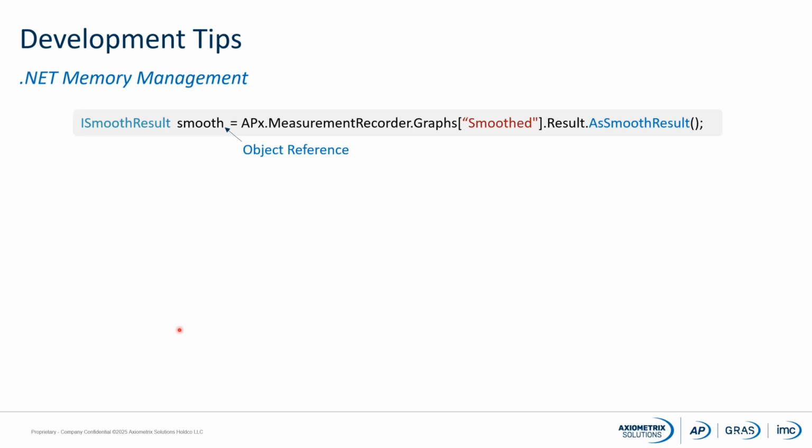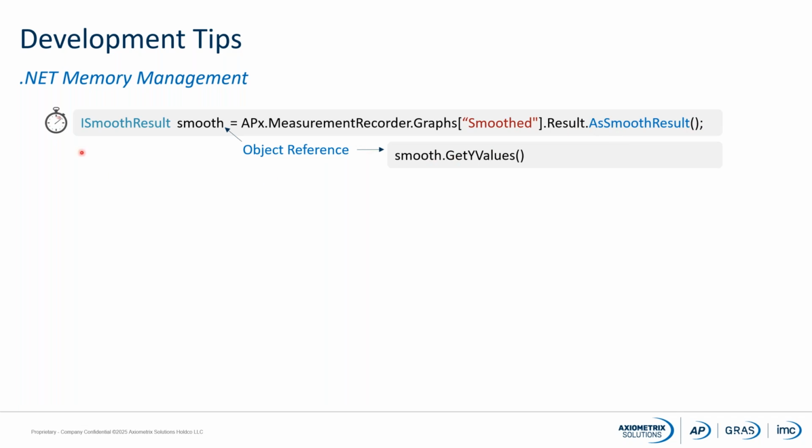Oftentimes when you're programming, it's handy to store the reference to an object within a variable. That way you can write in shorthand. You don't have to write all of this out every time. You also might get some performance gains because in this case, we wouldn't be casting to a smooth result every time.